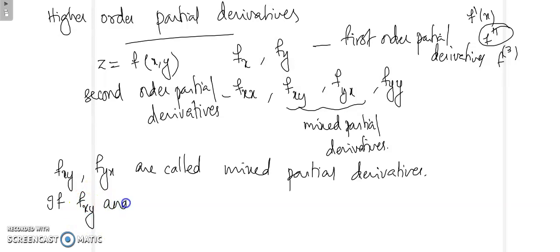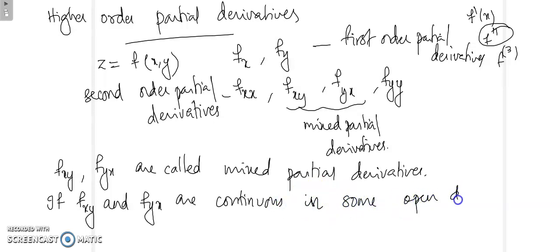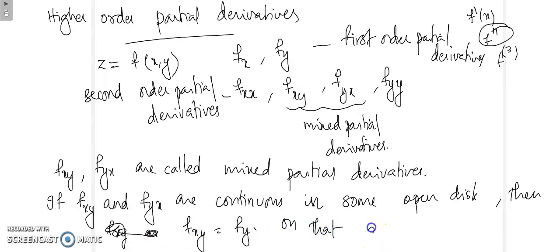So if fxy and fyx are continuous in some open disk, then fxy will be equal to fyx on that disk.